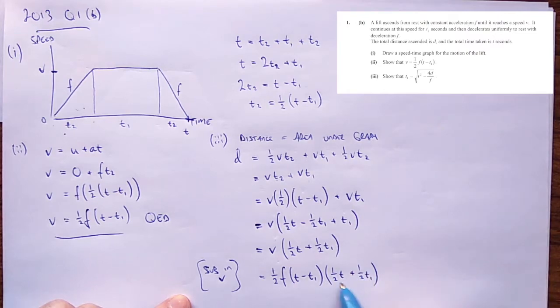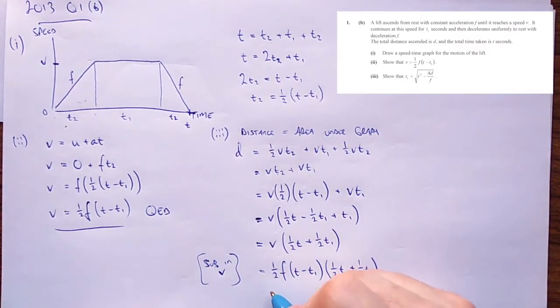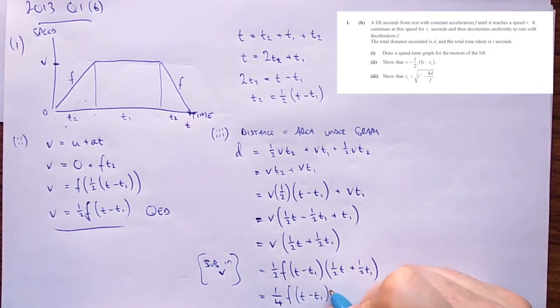Now you may begin to realize we have a t minus t1, a t plus t1. Those things tend to work out pretty nicely, so we'll get rid of the halves. And we'll just get one more line down here. So that's going to be 1 over 4 f factor t minus t1 t plus t1. Now it's looking a bit better.